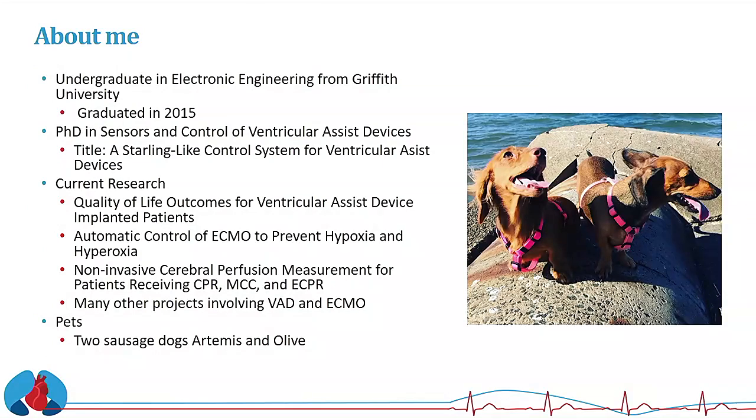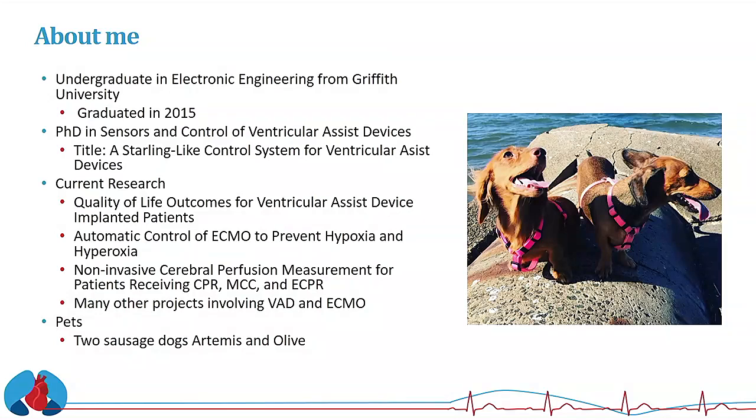So, about me. As Sean mentioned, I graduated in an undergraduate of electronic engineering from Griffith, and then I did my PhD in sensors and control of ventricular assist devices, which most of you should know about. So now I work in Sean's lab. I'm looking at quality of life outcomes for ventricular assist device patients.